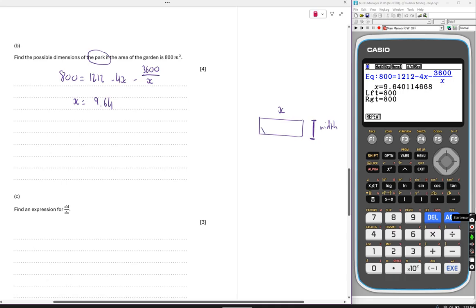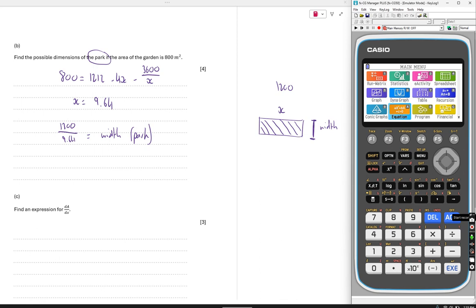So that whole area was 1200. So now I can say 1200 divided by x, which is 9.64, is going to give us the width of the entire park. Again, that's different from the width of the garden, but for this question, we just want the dimensions of the park. So, calculator.